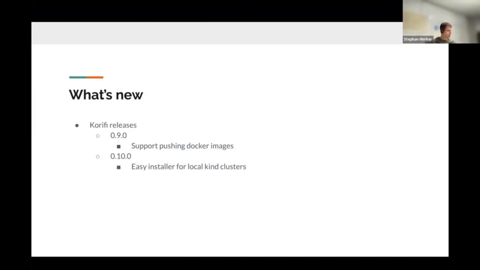And then in 0.10, we introduced a very straightforward installer for Korifi for local kind clusters, so that people can just apply a job, and then the job will pretty much do what our scripts are doing.